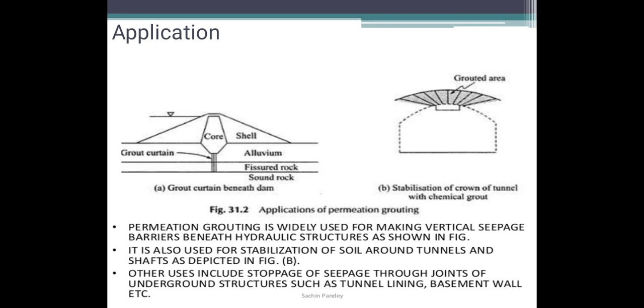When it gets disturbed, to increase the strength of that area we use permeation grouting. Other uses include stoppage of seepage through joints of underground structures such as tunnel lining, basement wall, etc.